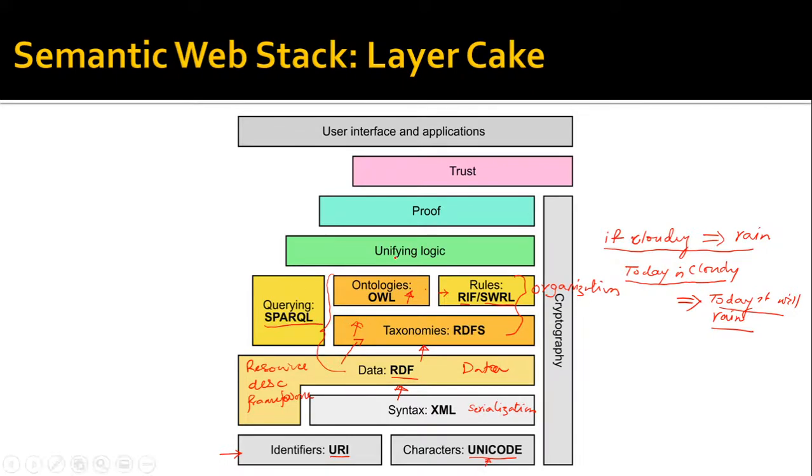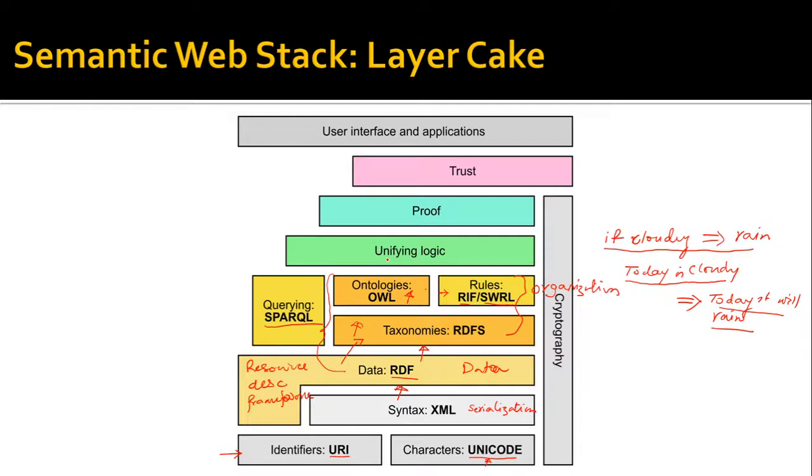And on top of this, we need to have a system or algorithm that will be able to align multiple data sources. So the example that we have given earlier, that you have a description of Lionel Messi, say in the data set published by the Argentinian football team, and you have another data set published by, say, Barcelona FC club, and there you also have a mention of Lionel Messi.